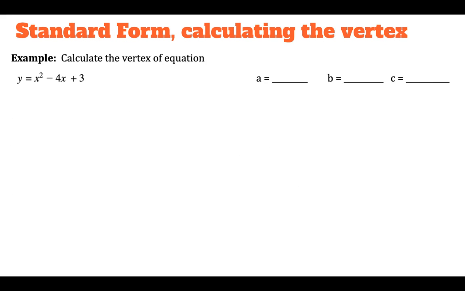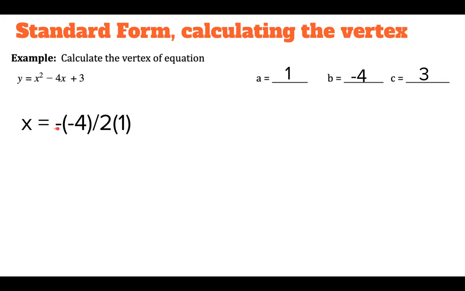So here's example 1. The first thing I have to do is identify a, b, and c. Now I plug it into x = -b/(2a). So x equals -(-4).